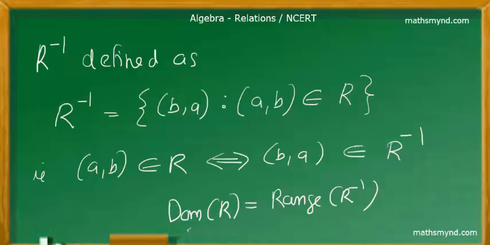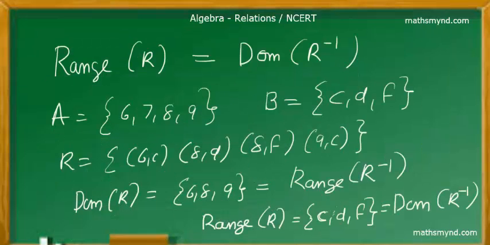Now the interesting corollary of this particular meaning is that we know that the domain consists of the first elements of the ordered pairs, and naturally when we are taking an inverse relation, it's the domain which becomes the range, and that is also the case with the range.